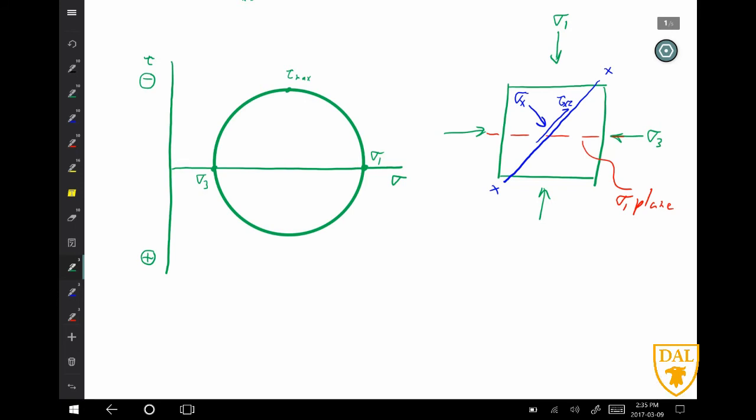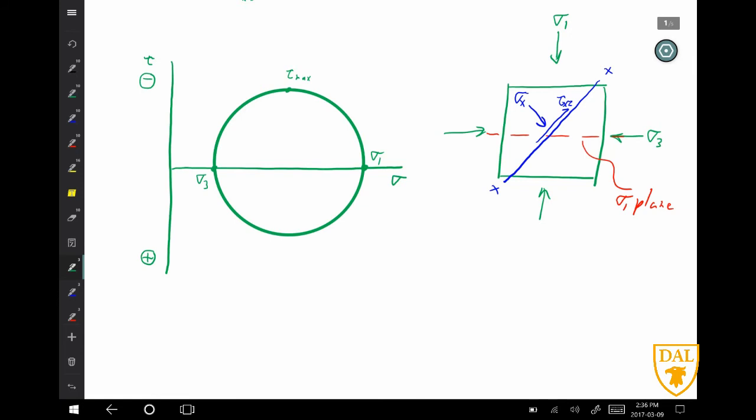Top and bottom equal and opposite values. And so every point on the circle represents the normal and shear stress acting on a plane in the real object to the right on different orientations.